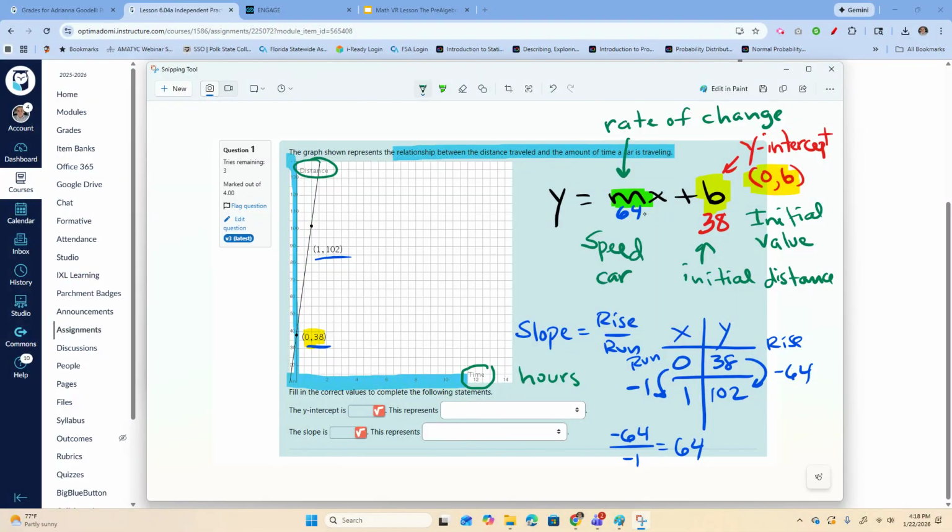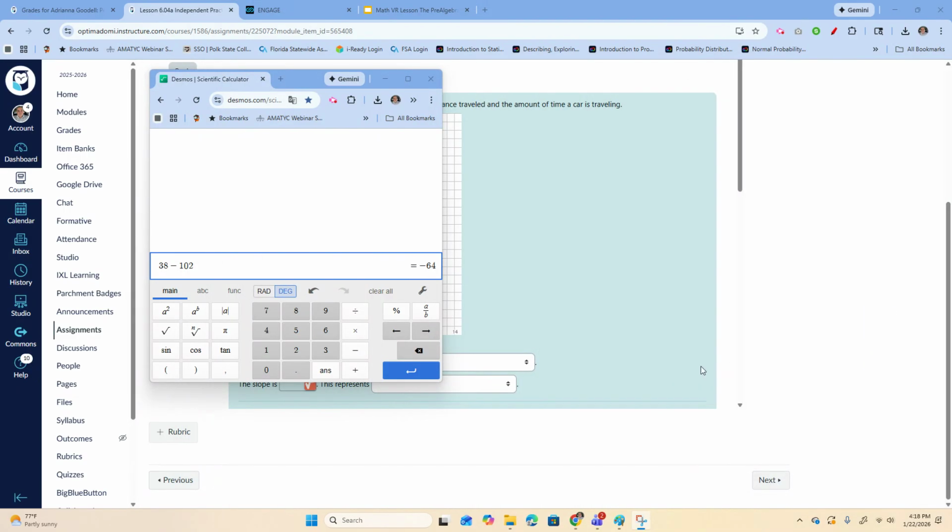In this case, I'm assuming that the distance is in miles and the time in hours. The car is going at 64 miles per hour, which means that for every hour the car has been traveling, the car has traveled 64 miles. And that's what the slope means.